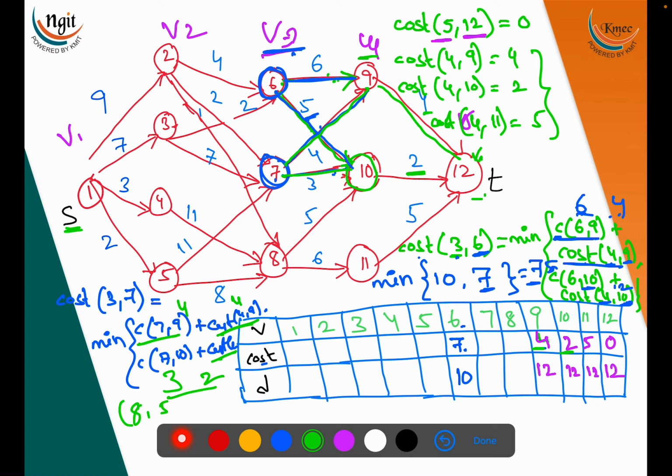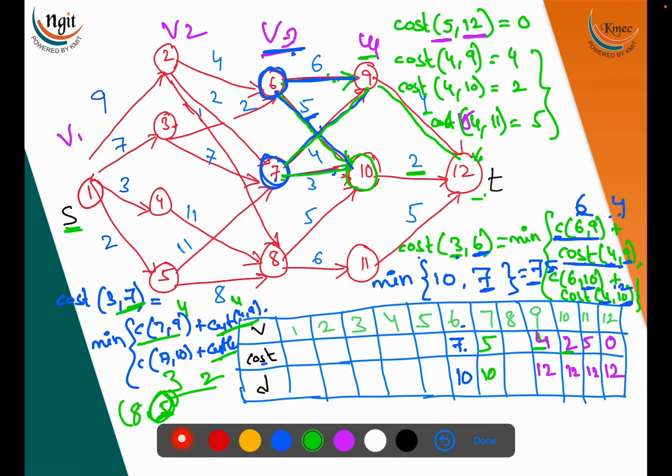So which is minimum? 5 is minimum. Which vertex gave this value? The 10th vertex gave the value. Correct? So update this in the 7th vertex. The 7th vertex value you got as 5, and the 10th vertex gave the value. So you have to update like this.